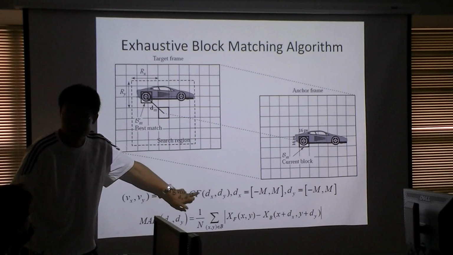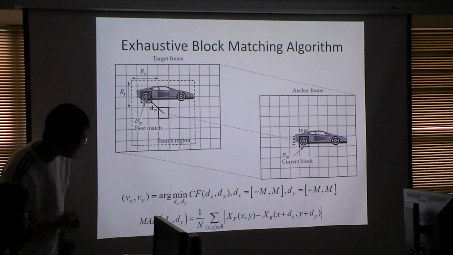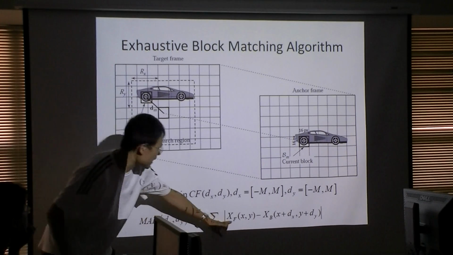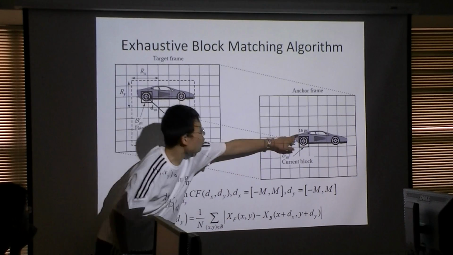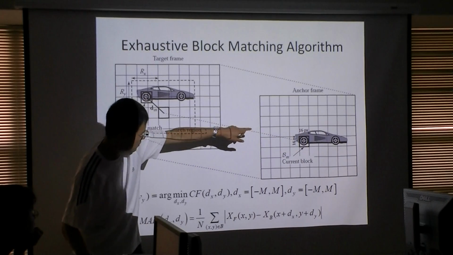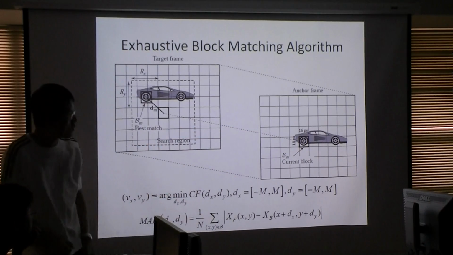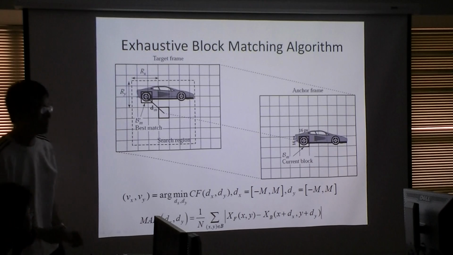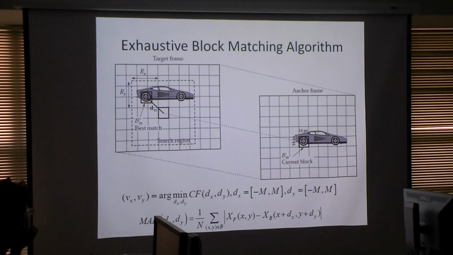XF is the forward frame. X and Y are the location of the pixel.